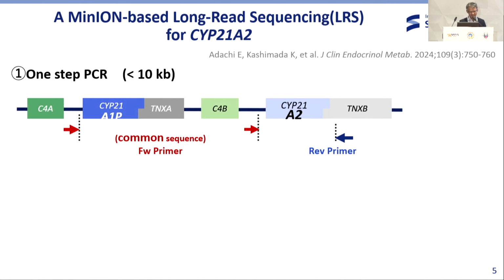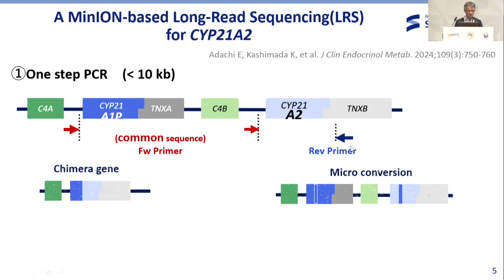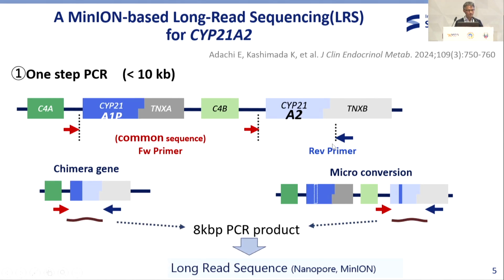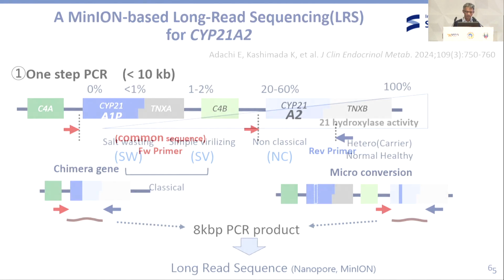Recently, we established a very brief and straightforward method to analyze the CYP21A2 gene using this technology. We designed one set of primers. The forward primer is the red one, here and here, in a quite identical sequence, and the reverse one is here. This works for identifying the chimeric gene and for microconversion, and we can get an 8-kilobase PCR product and conduct long-read sequence analysis.